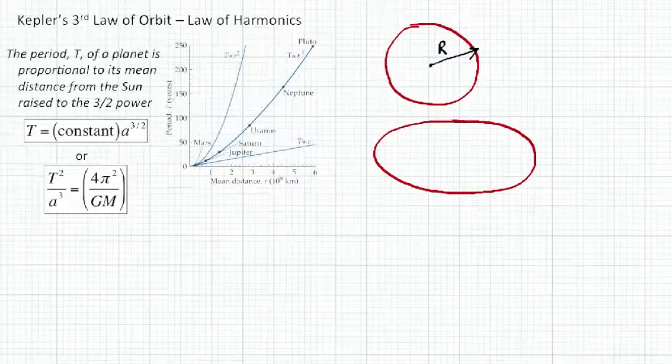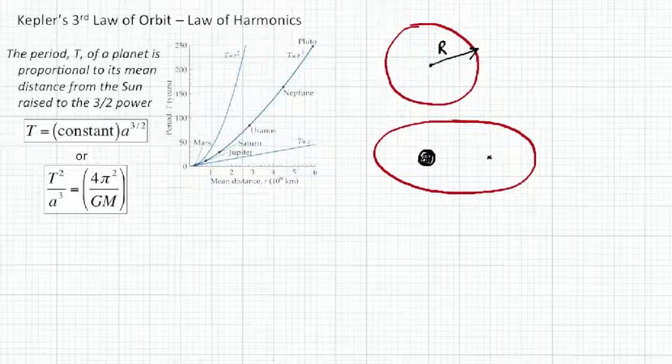You may recall that in an ellipse there are two important points called foci, or each one is called a focus. Right here is where the central gravitational body is, like the sun, for example.